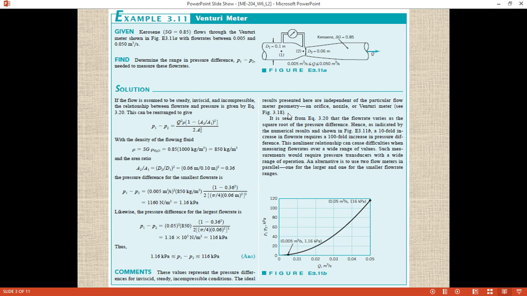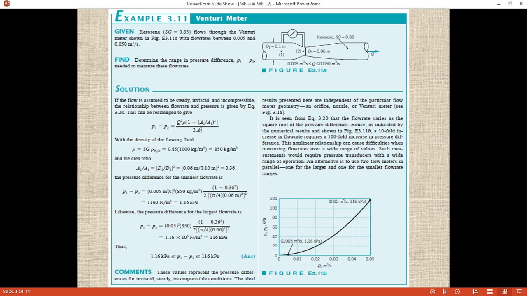So here it is a very important point, because we all know that there is a difference between the venturi, the nozzle and the orifice, because their geometries are different. But here, since we are considering an ideal condition, we are ignoring all the losses, including the geometry loss. If the geometry will change, what will happen?